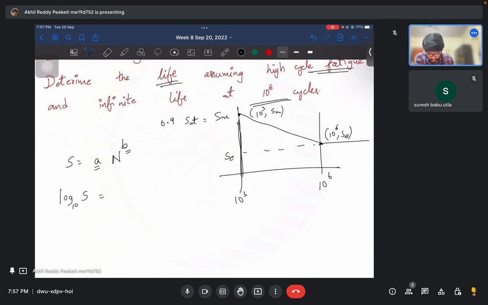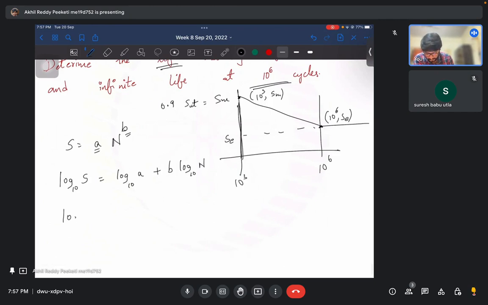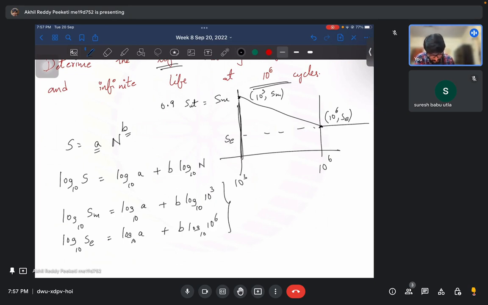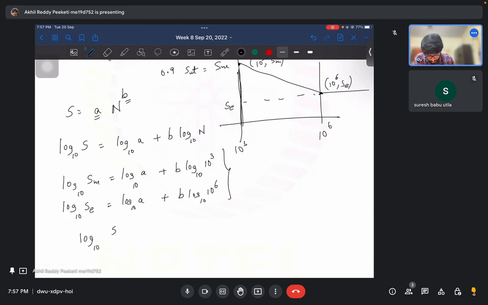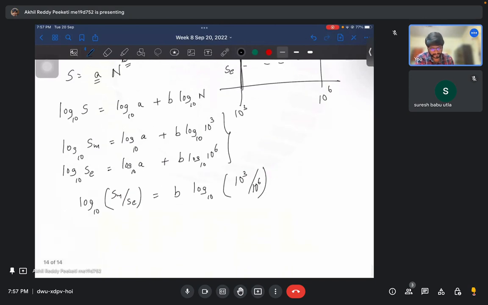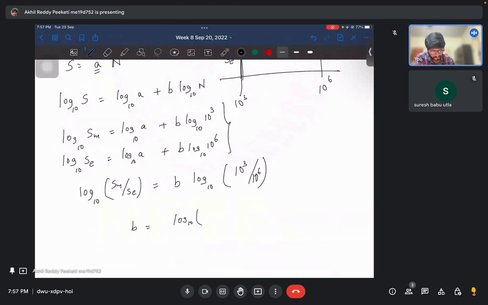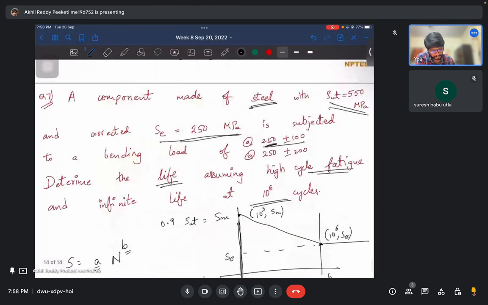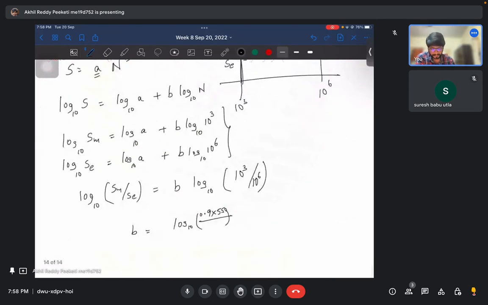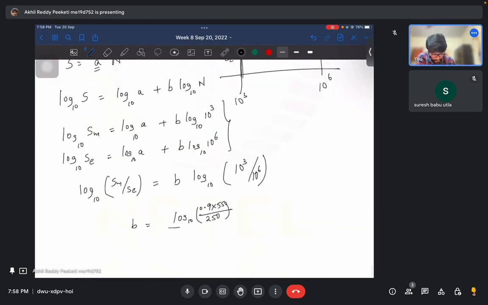Last time we did the same thing: log10 S equals log10 A plus B log10 N. If you substitute 0.9 SUT and 10 power 3, and if you substitute the endurance limit at 10 power 6, and do the subtraction, then it would become, I'm directly writing this equation, so you can refer to our earlier weeks, B is equal to log10 of Sm by Se, so 0.9 into SUT 550 by Se, that is 250, by log10 of 10 power 3 by 10 power 6.